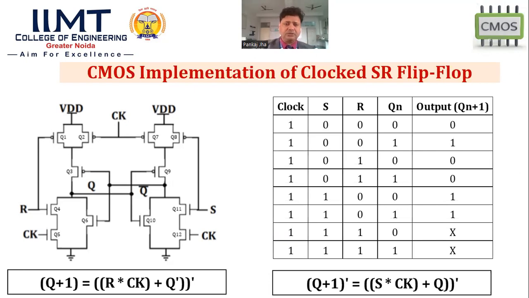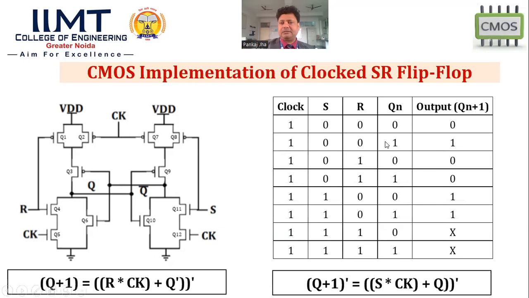Let's understand with an example. You can see in the truth table, I have mentioned the clock is in enable condition. That means at every positive edge or positive level, this flip-flop will change its output.